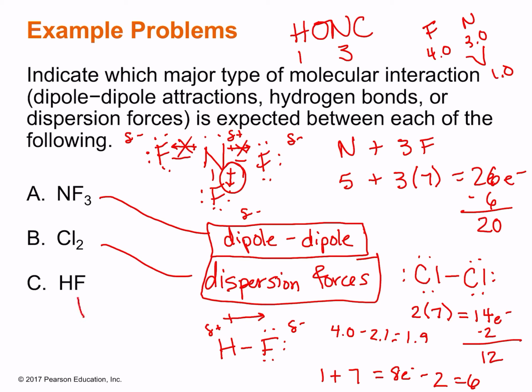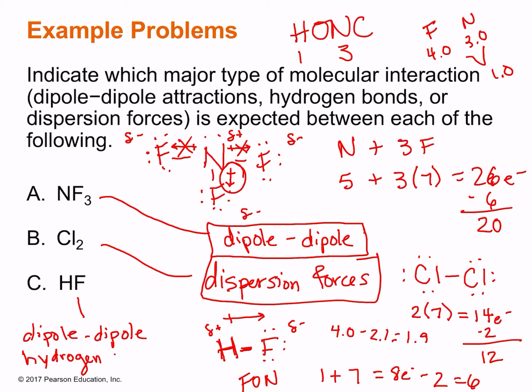So this one will have dipole-dipole interactions because it's polar, but it has an even more important interaction, right? This molecule can hydrogen bond because it has hydrogen bonded to a really electronegative atom. We see hydrogen is bonded to one of our FON atoms. And since we have that, this has hydrogen bonding.